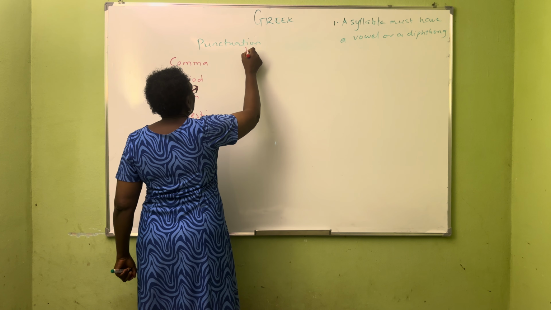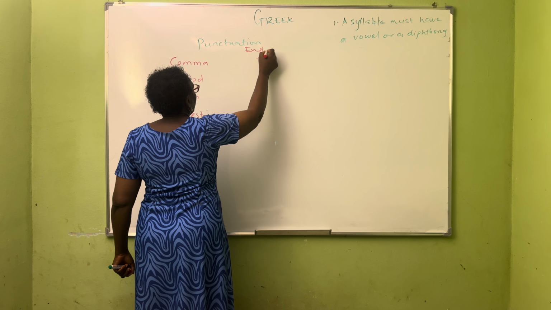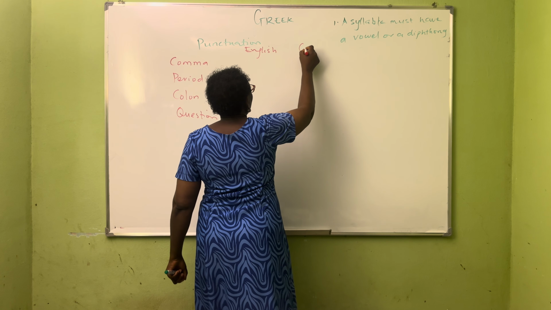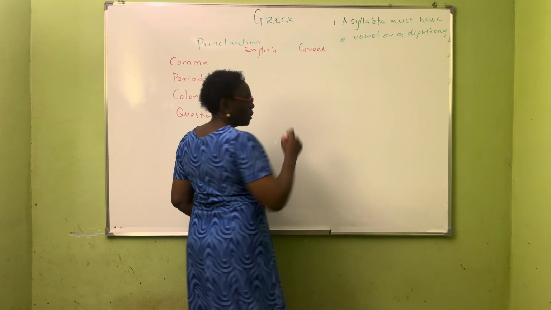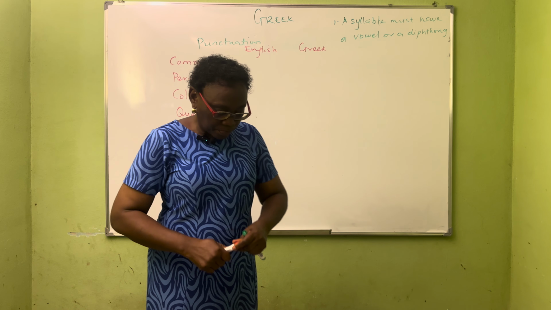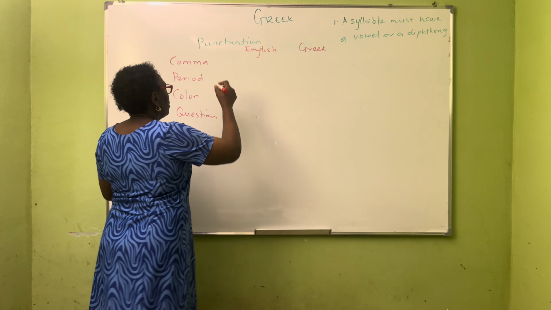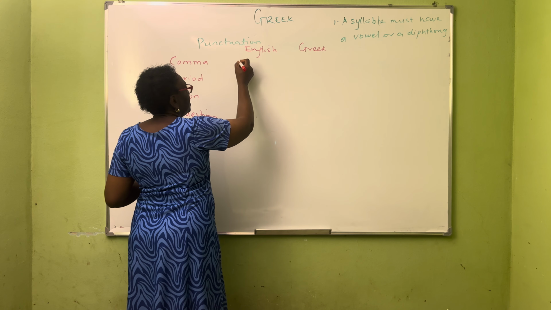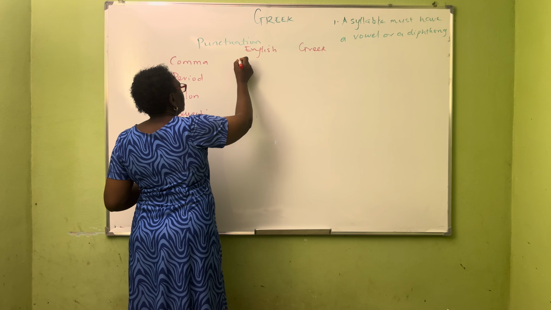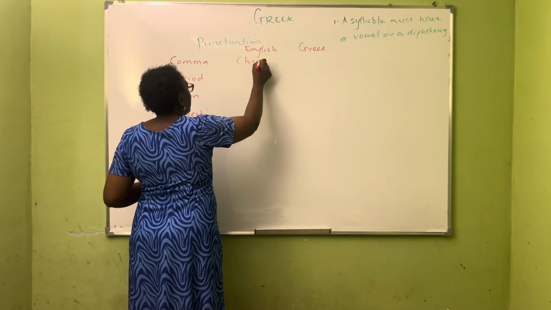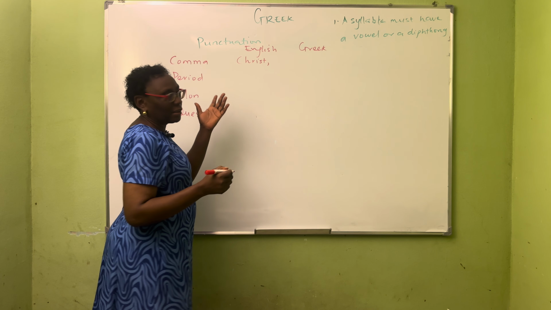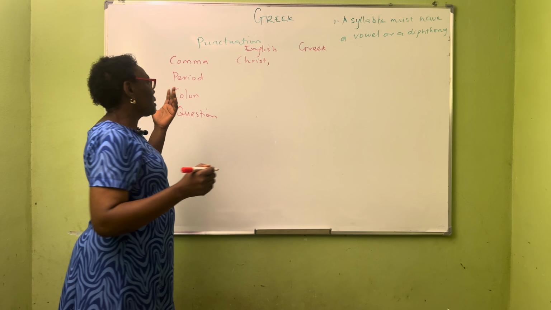So in English, how does it look like? And then let's compare it with Greek. Now, comma in English will just be whatever you are writing. Let's just say Christ is, whatever you want to say, you put like this one. That's fine.